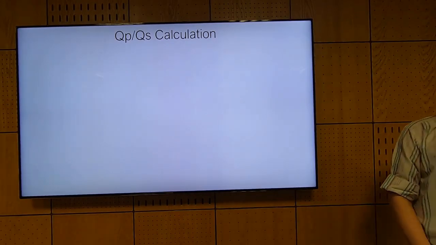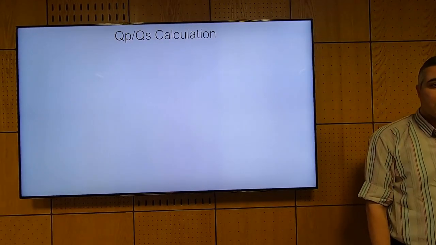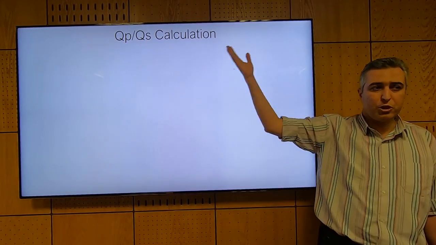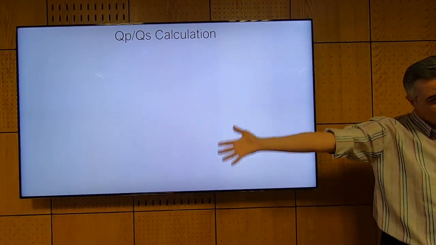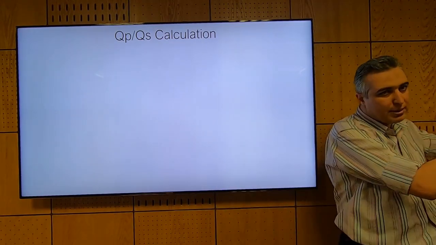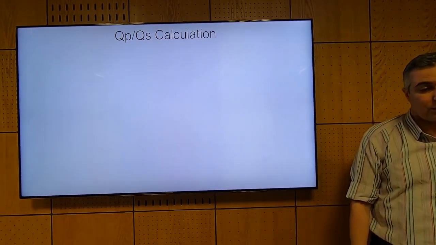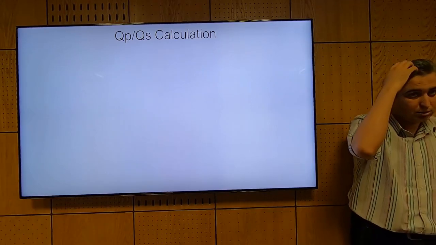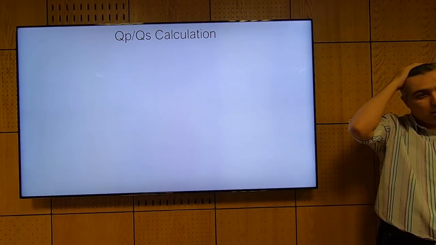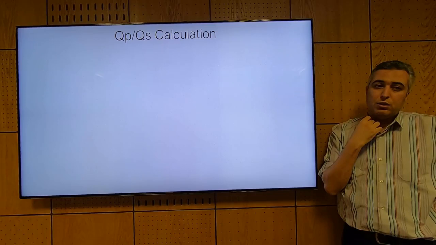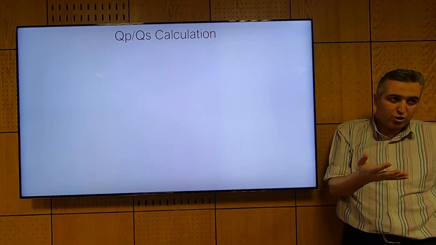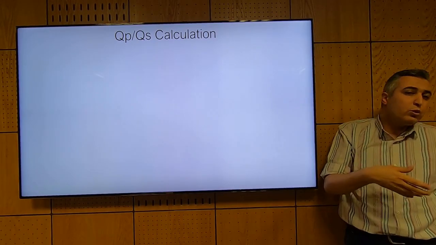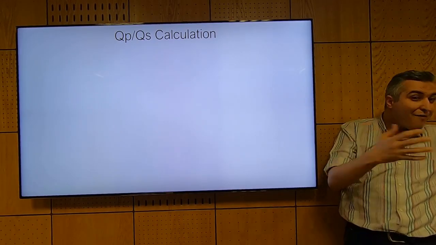Okay. So how do you measure QpQs? Again, what is QpQs? It's the ratio between the pulmonary blood flow and the systemic blood flow. How do you measure that? There are different ways. You can do that by echo, which is very inaccurate.